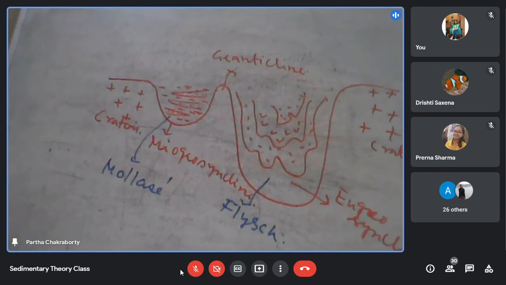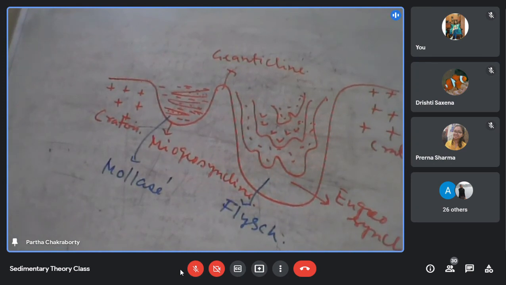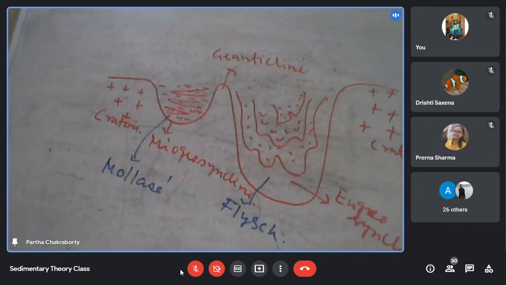Now, if I come to eugeosyncline, it is a volcanosedimentary succession. There will be sediment, there will be volcanic succession, and they should be multi-deformed, and sometimes metamorphosed as well if they become a part of an orogeny.